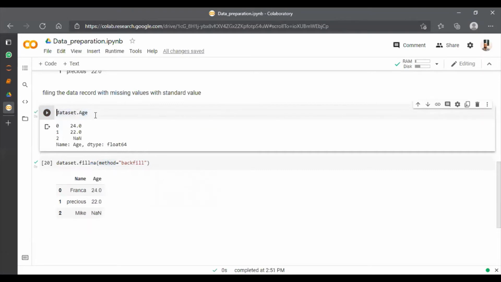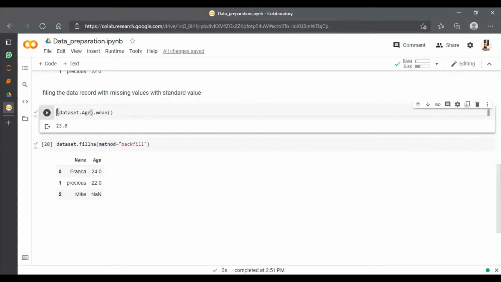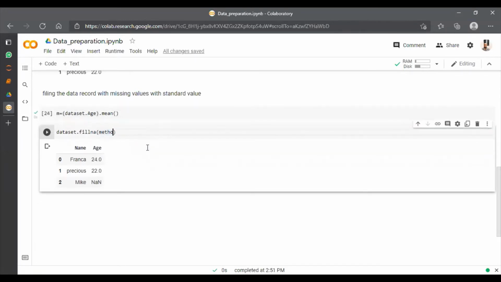You can calculate the mean of this age attribute, with np.mean, or even this, because it is a series, it has a .mean property. So you can calculate the mean, like m equal to the age values' mean. Then you can fill the value equal to m.